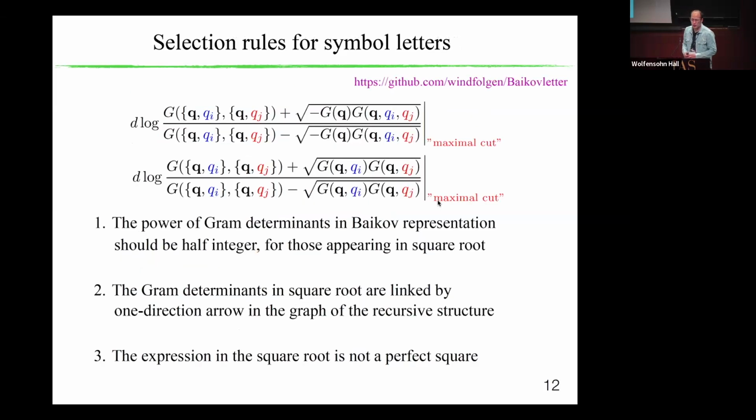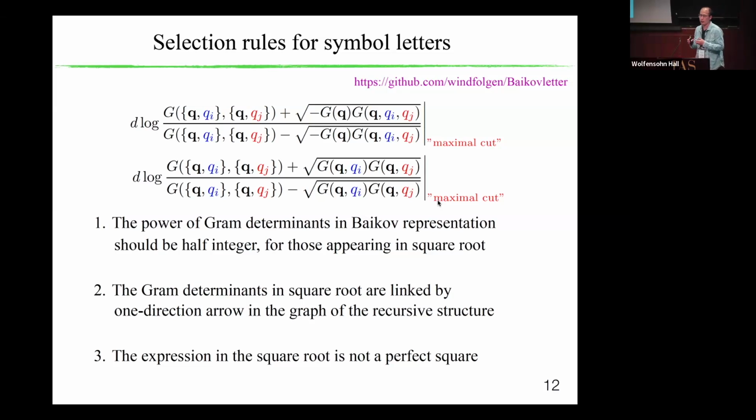Okay, but this is the general construction. We will construct a lot of letters, so we need to impose some selection rules to select the symbols that really appear in the canonical differential equations. First of all, because of this square root, the power of the Gram determinant in the Baikov representation should be 1/2 if it appears in the square root.